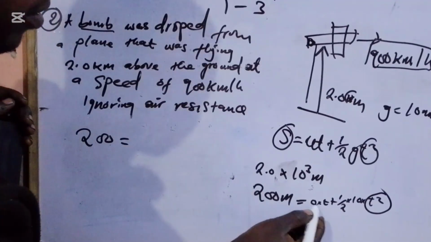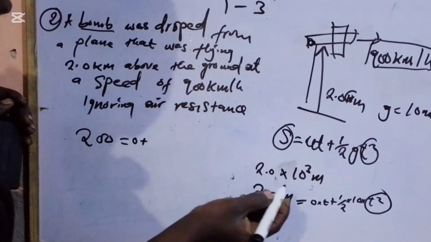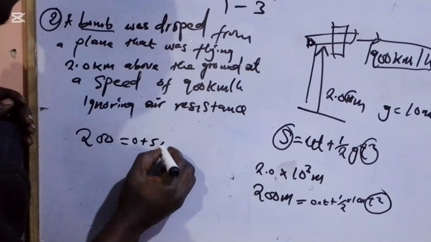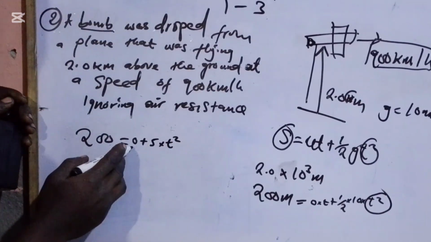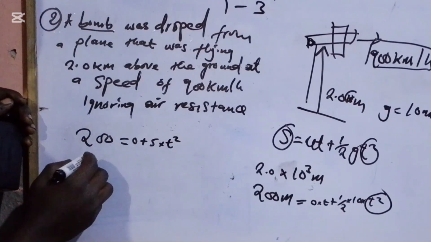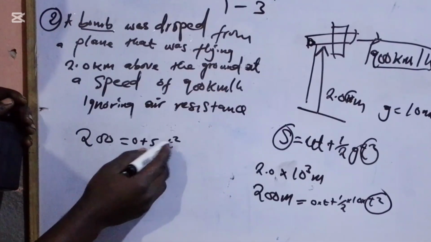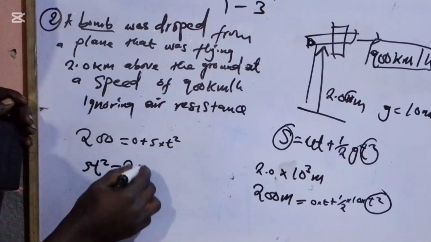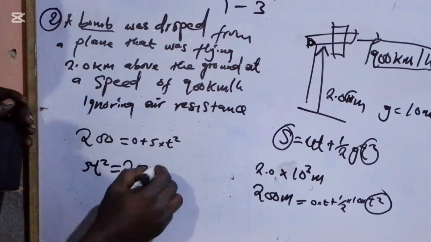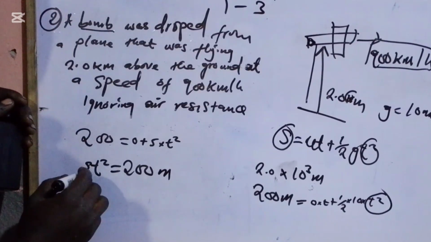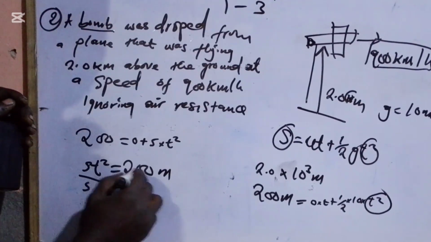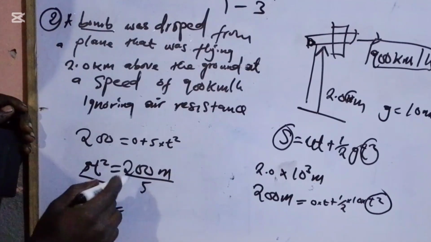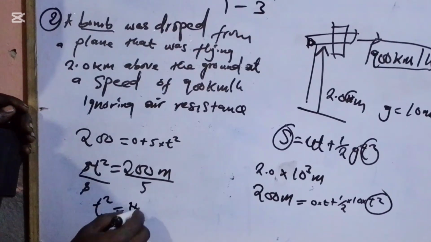We have 0 times t, which is 0, plus 5 times t squared, giving 5t squared, which should be equal to 200. When you divide by 5, it will be 20, it is 4, so we're going to have 40.